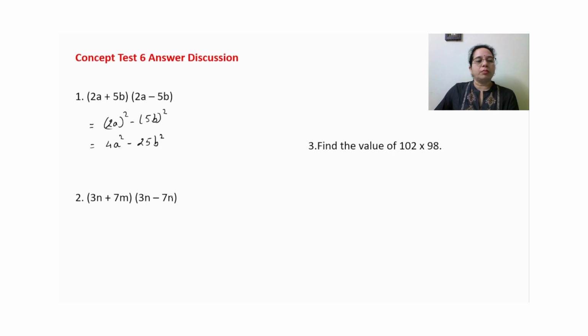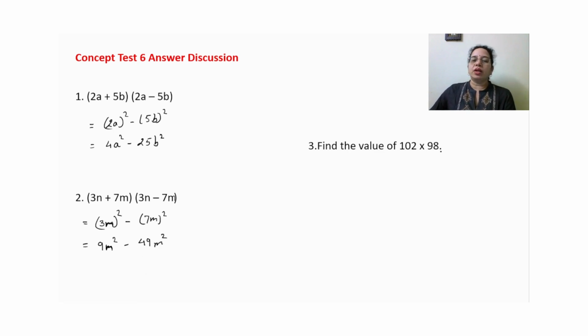It should be m actually. Yeah, this should be m. So middle sign is different. So again you can use the third identity, first term whole square minus second term whole square, and this will give you 9m square minus 49. This is n. So 49n square.